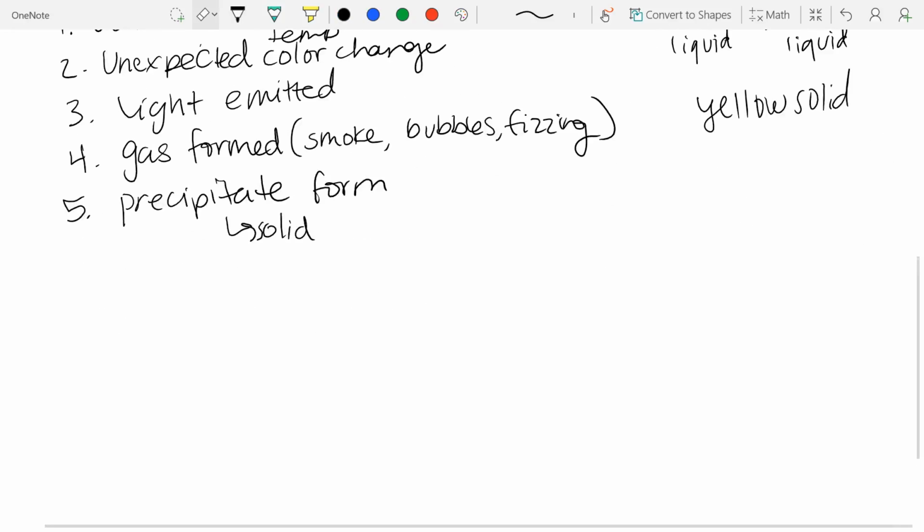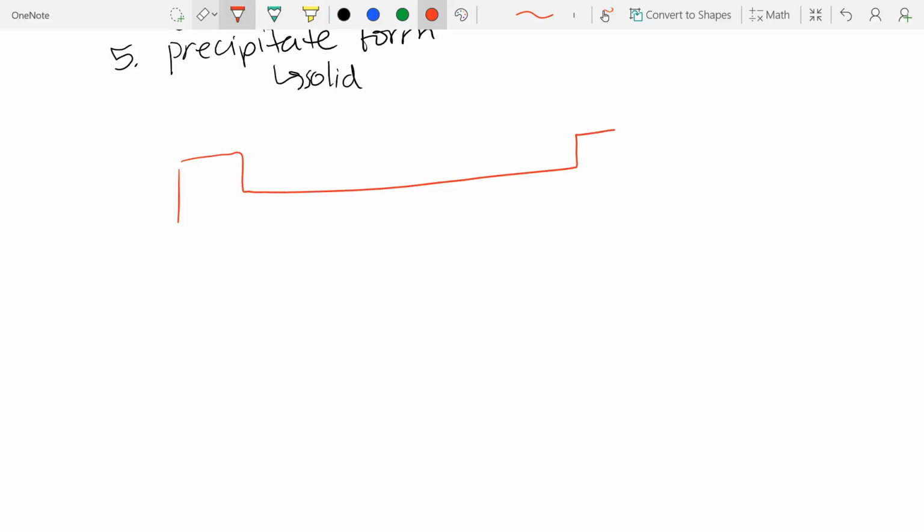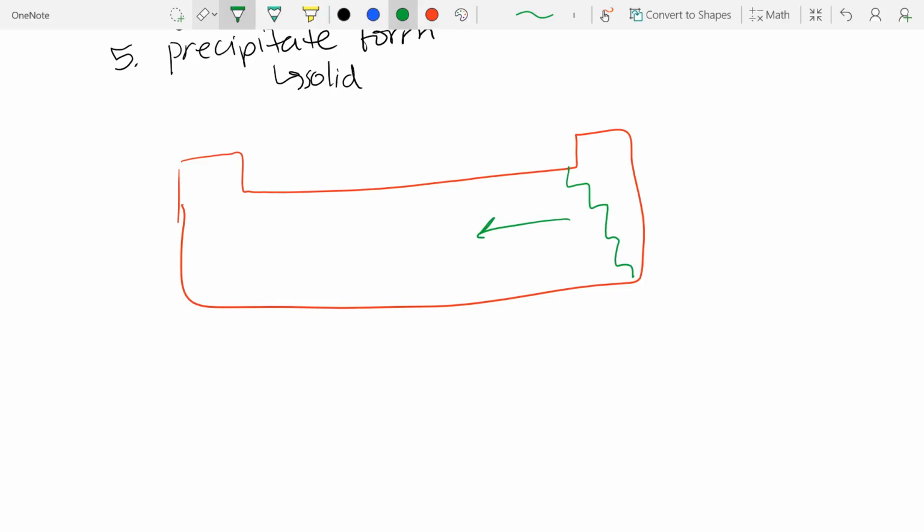Now on this test, you're going to see a couple of questions that you might recognize from your last test, and things that we're kind of reviewing and going back over. But remember that if you have the periodic table and you have your little staircase over on the side, pardon my terrible drawing, anything to the left of the staircase is a metal, and anything to the right is a nonmetal.